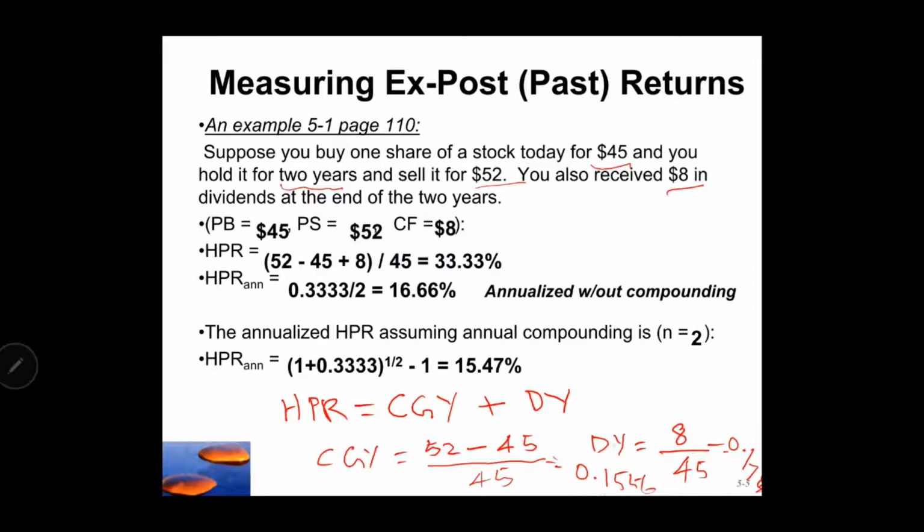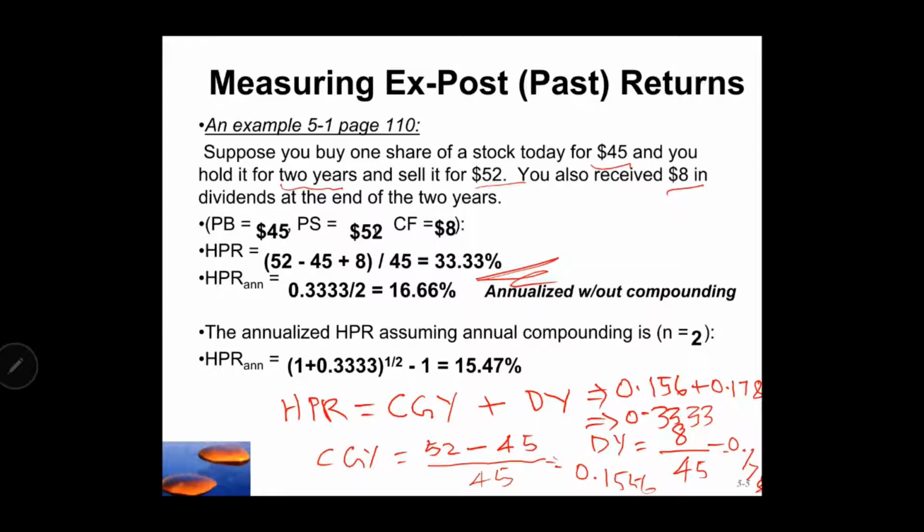So if you add these 2, 0.156 plus 0.178 should give me 0.3333, or 33.33%.